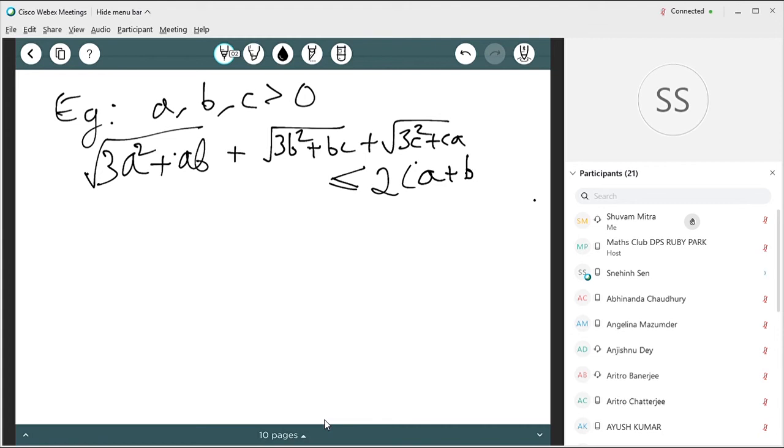This is simpler. I think I have given it in the assignment, but it's okay, so try this one.